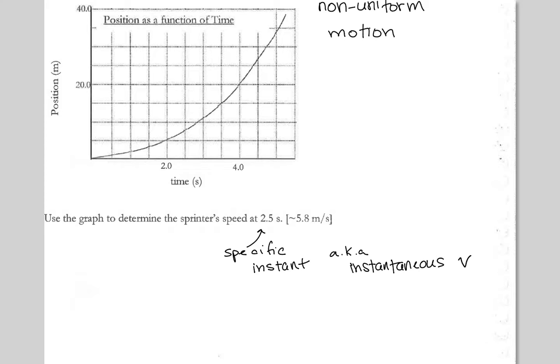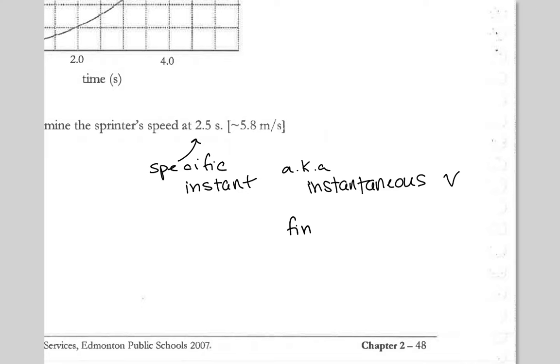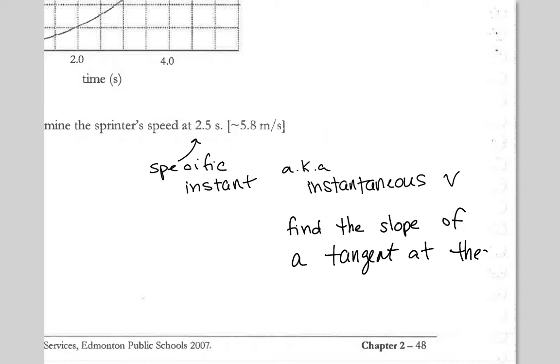Doesn't make sense, right? So what you need is the slope of a tangent line. So that's what you need to find, okay? Find the slope of a tangent line at that point. Okay, I task you with that right now.